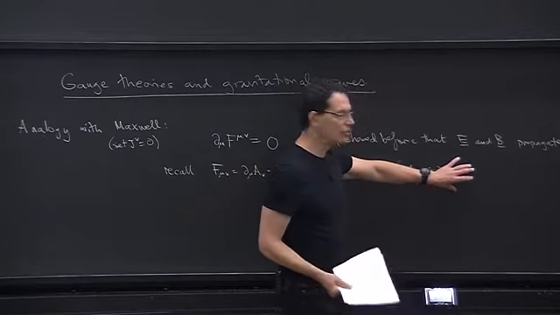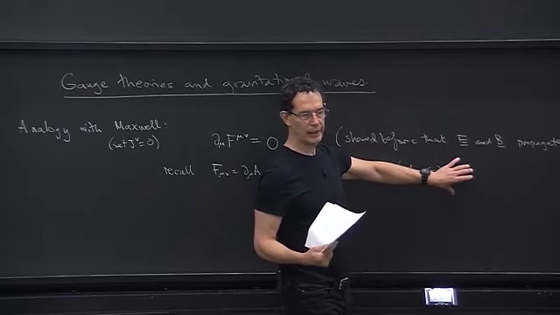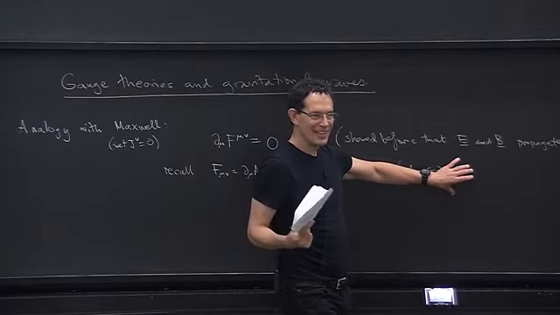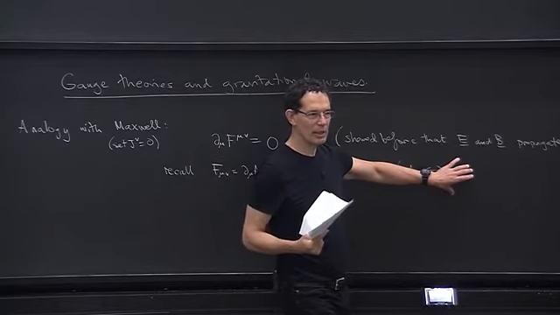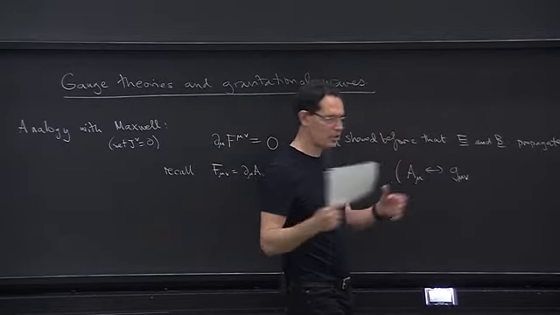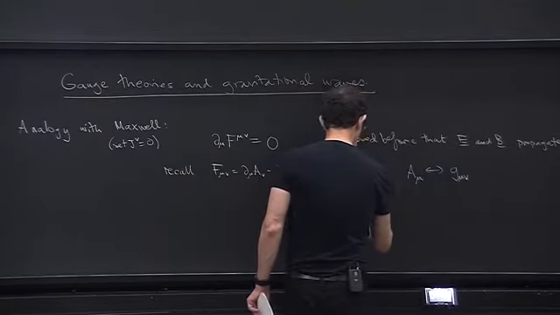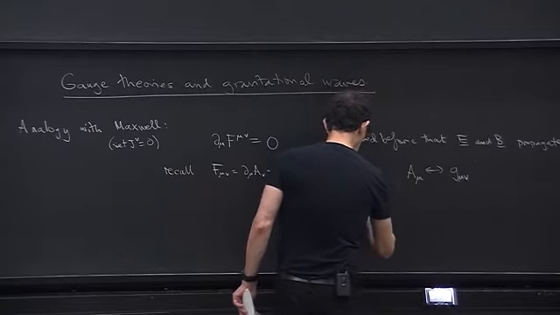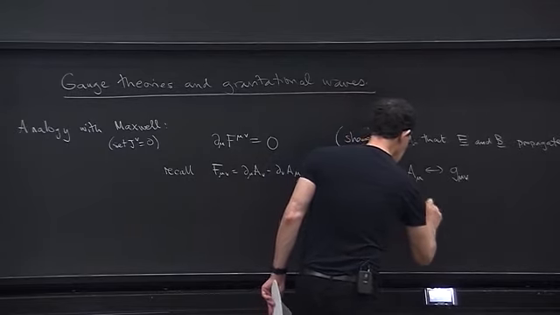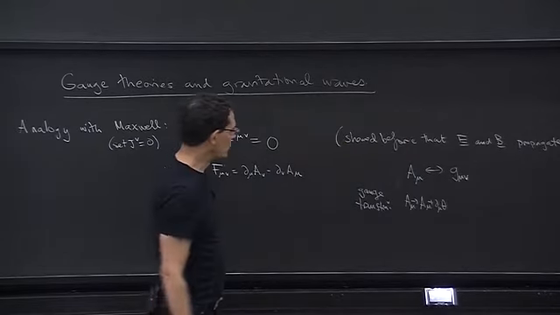Why is that? Well, the metric is something which changes under coordinate transformations, so the actual form of the metric should never be taken too seriously, because you can just change coordinates and change its form completely. Same is true of A mu. A mu is the vector potential in some gauge, right? So gauge transformations: A mu goes to A mu plus d mu theta, where theta is any function on space-time.